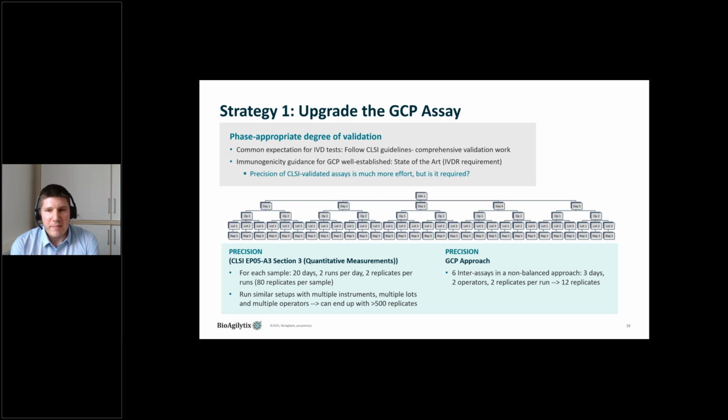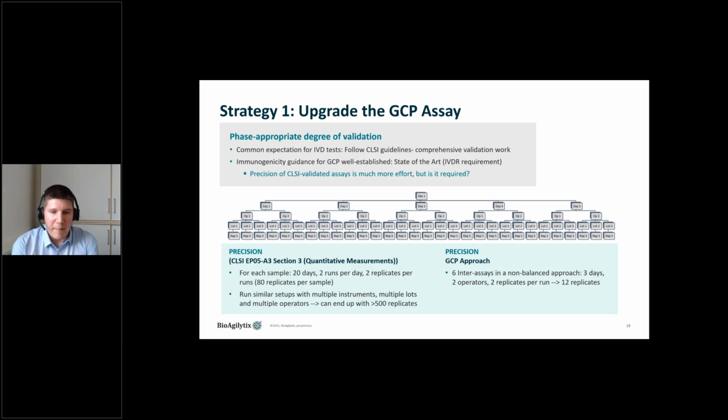So another big difference, and you've heard this from Luke, is if you strictly follow the CLSI guidelines, which is the common expectation for IVD tests, it would be a quite tremendous precision study, which I've put on the bottom left.